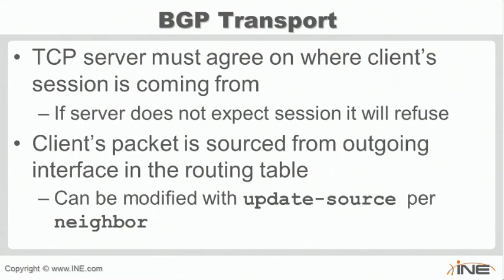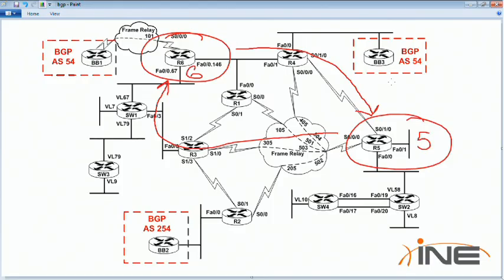You'll see that the vast majority of real design cases will have the update source be a loopback interface. The reasoning behind this is, let's say between router 5 and router 6, if I'm advertising my loopback into the IGP, then it really doesn't matter what physical link I'm using to route between router 5 and router 6.